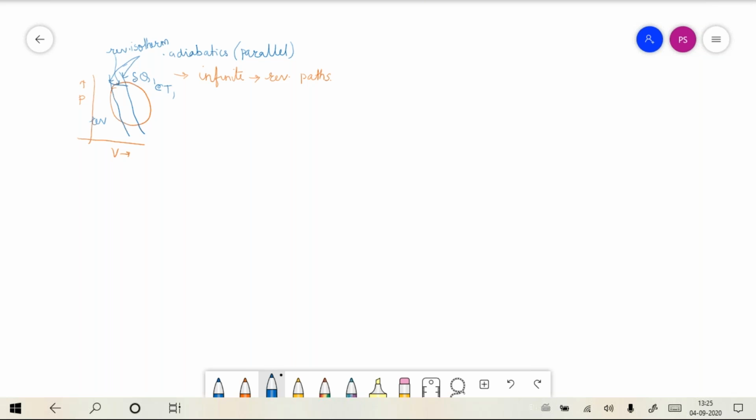Thank you. So what we had done is we have replaced this reversible path with two reversible adiabatics and a reversible isotherm in between. Similarly, I would be replacing this reversible path with two reversible adiabatics and a reversible isotherm.